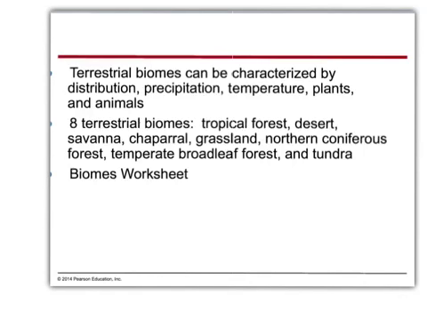Questions? When you're filling out this worksheet, I expect you to look up types of plants and animals that are found in these biomes. You should know average mean temperature, average mean precipitation, and for distribution, basically where they are.